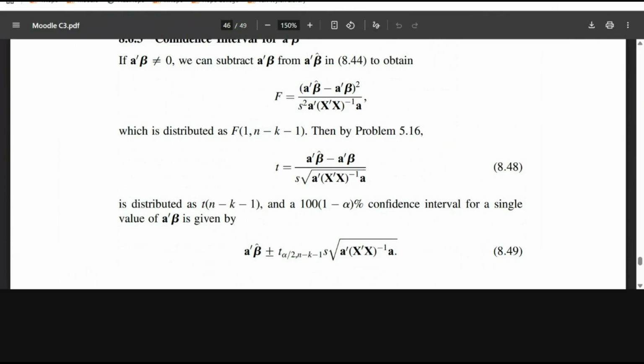Anyone know what I'm getting at? What must I choose my A prime vector to be to single out this thing? See, this is a vector. This has two things, but this has just the beta 1. So if I chose this to be, yes, 0, 1.